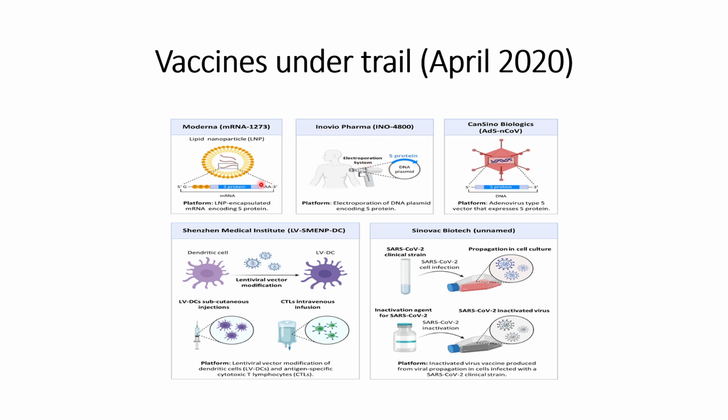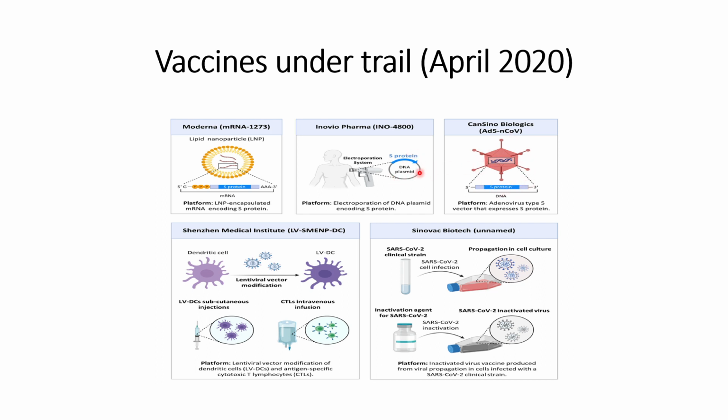And this is an Inovio Pharma strategy. Instead of using mRNA, they used a plasmid with the DNA of the S protein, and then used electroporation to transfer this DNA plasmid inside the cells to test its efficacy. The third one uses adenovirus.